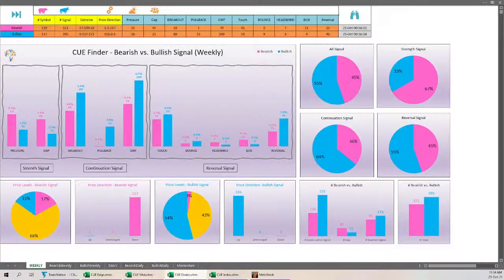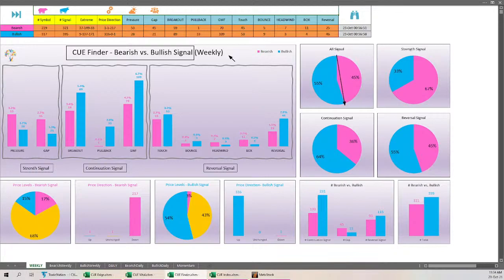Let's look at Finder now. Technical breadth, balance between bears and bulls, first using weekly interval. This is not as bullish as we would expect looking at the all-time high in Dow Jones Industrials, and SPY is very close to all-time high.